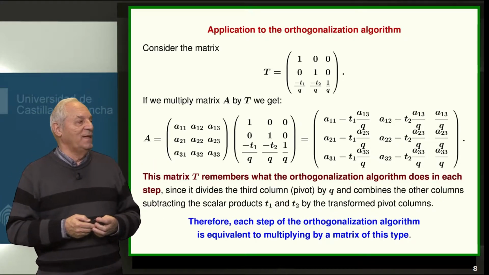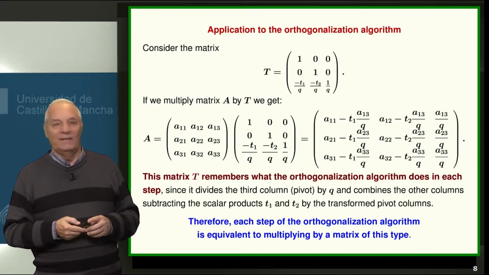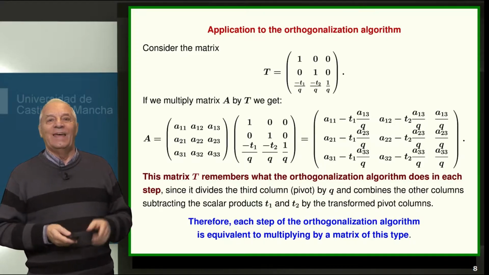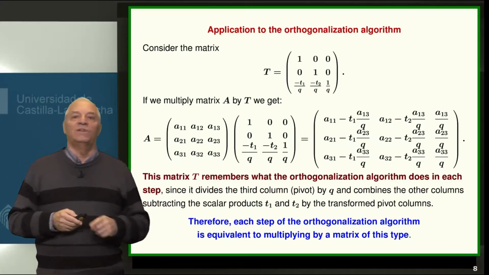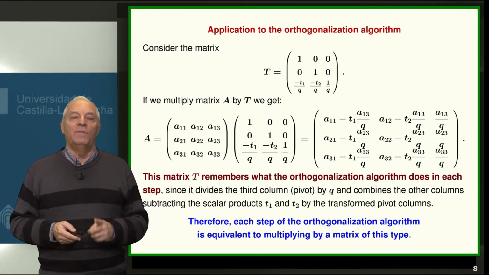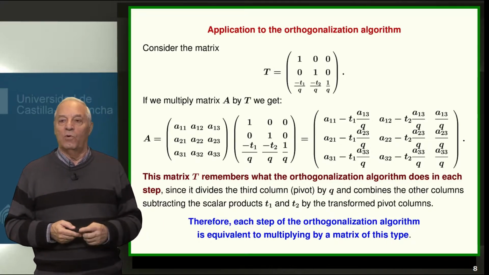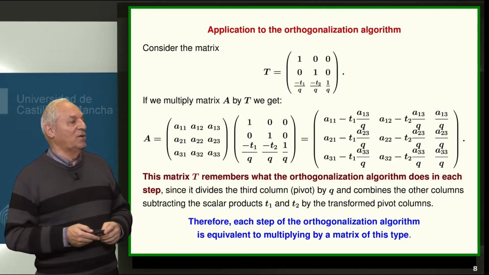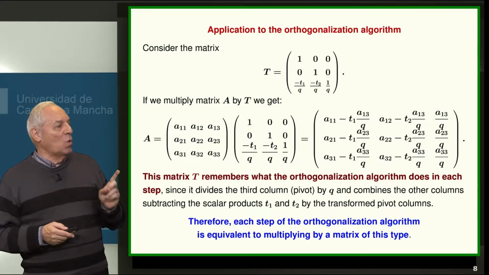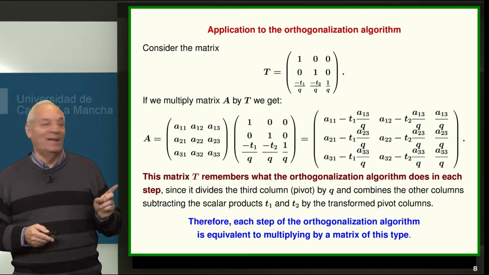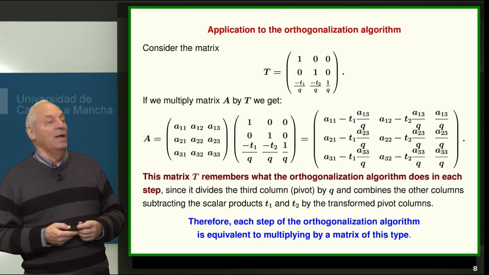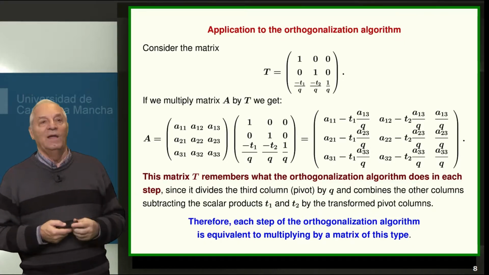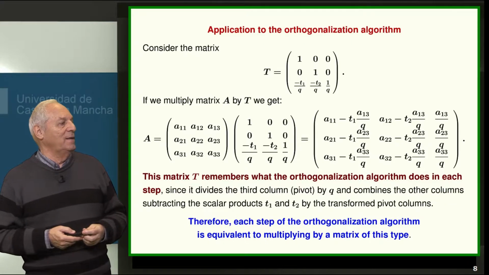The third column is the previous one divided by Q, which is just what we did in the algorithm with the pivot column, which we divided by its pivot, that is, Q. And then the other two columns are the same columns minus T1 or T2, which are the scalar products of the corresponding columns by the transformed pivot column, because a sub 1 3 divided by Q is just what appears in the third column, and a sub 2 3 divided by Q also, and a sub 3 3 divided by Q.